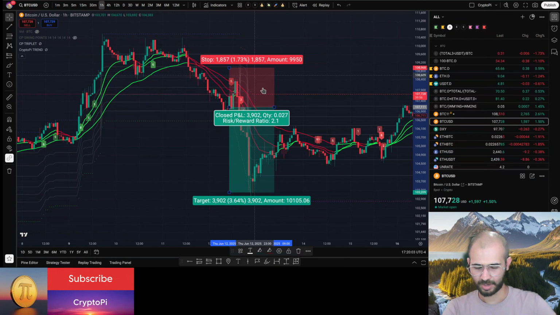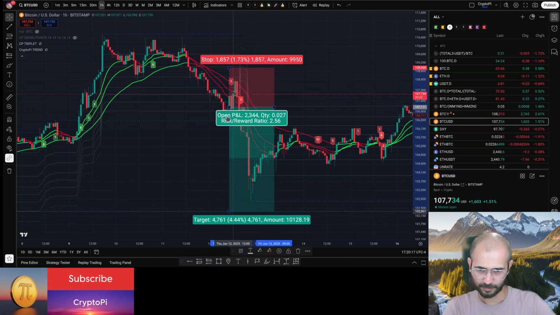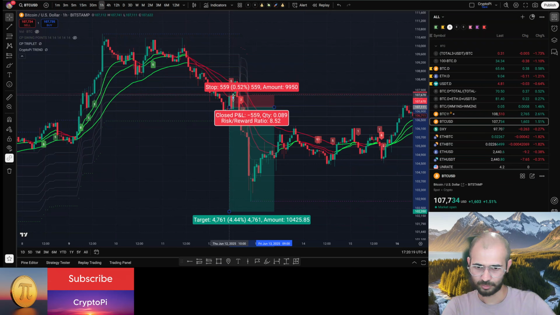So now my risk has reduced, but my position size remains the same. I reduced my risk almost by half, so my max loss has reduced. And if we see that the price continues going further down, then I can move my stop loss almost to my entry point.